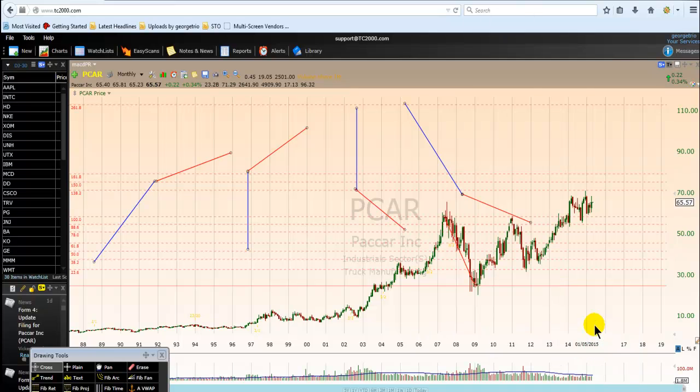The ending diagonal takes place when a financial instrument moves too far, too fast. So if we are asked the question, when does an ending diagonal take place? It takes place when a financial instrument moves too far and too fast.